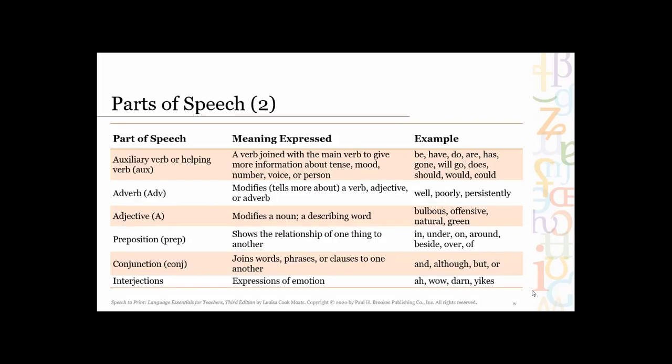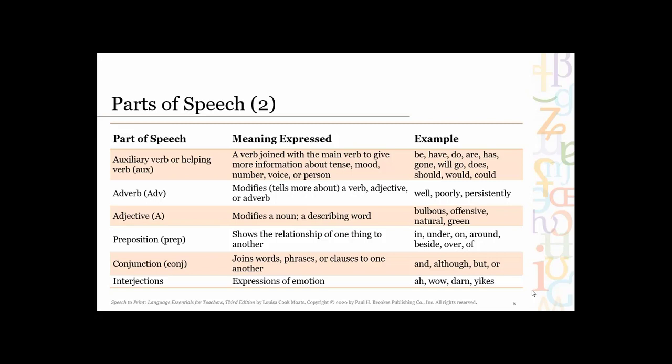An auxiliary verb or helping verb is a verb joined with a main verb to give more information about tense, mood, number, voice, or person. An adverb modifies or tells more about a verb, an adjective, or an adverb. An adjective modifies a noun, or it's called a describing word.